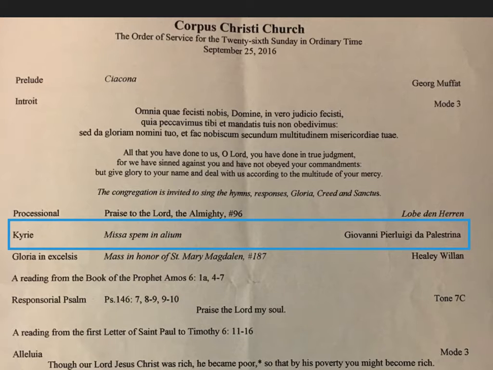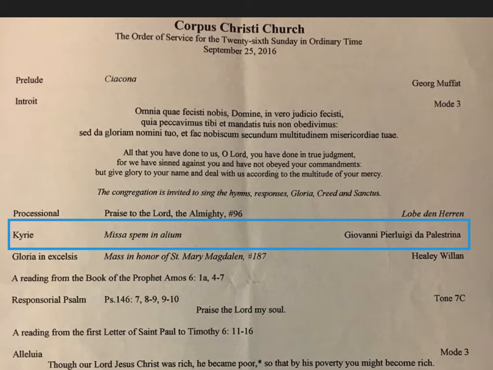So how would you note this? If I asked you the question, what were the ordinaries of the Mass? You would say the ordinary for the Kyrie came from the Missa Spem in Alium, and it was written by Palestrina. Look just below that at the Gloria. If I said, what was the Gloria from?